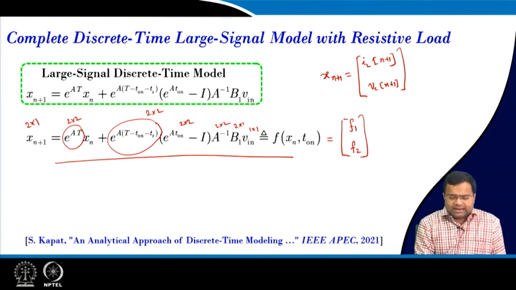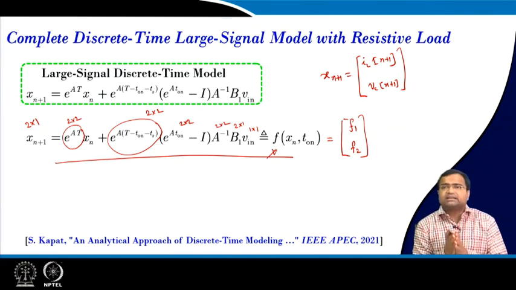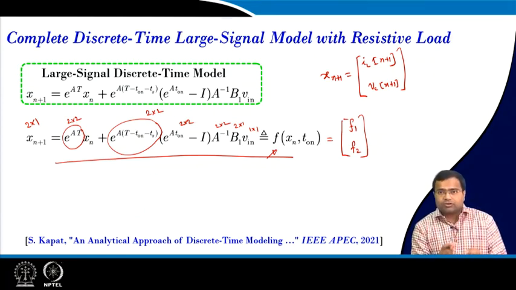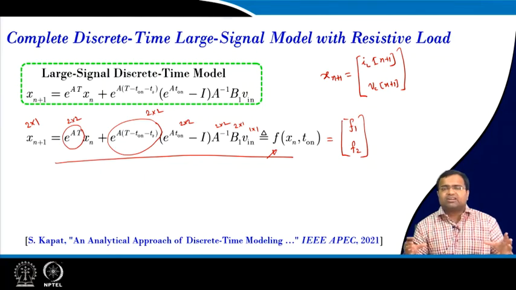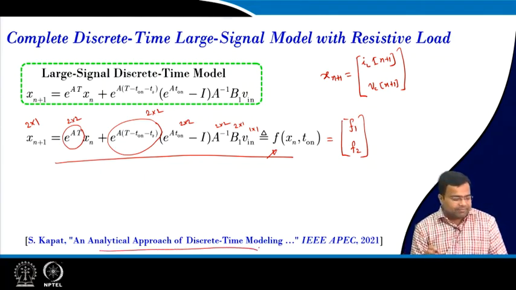You will get detail about how this vector function can be used for deriving the discrete time small signal model mathematically, and that can be used for buck, boost, as well as for constant on time modulation, constant off time modulation, then trailing edge modulation, leading edge modulation, and all the derivations of small signal models are summarized in this paper. So, for detail you can refer to this paper.